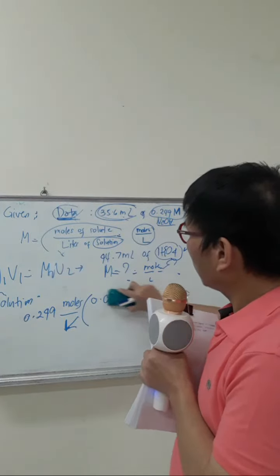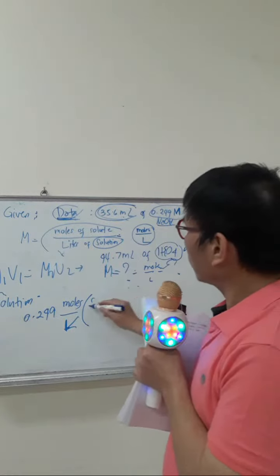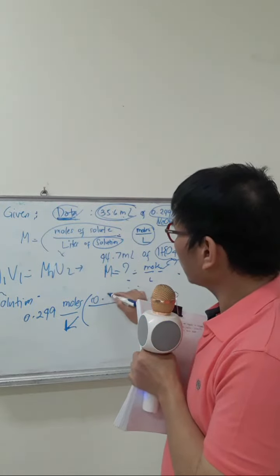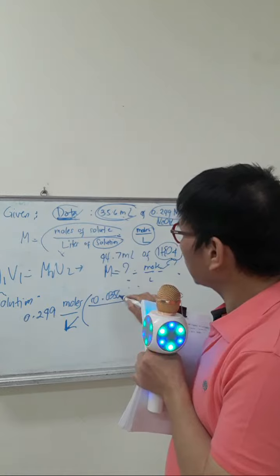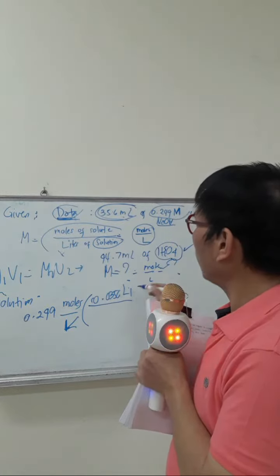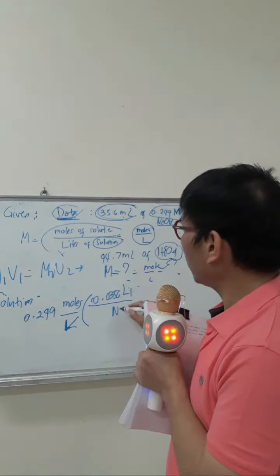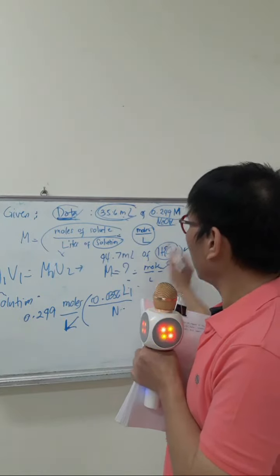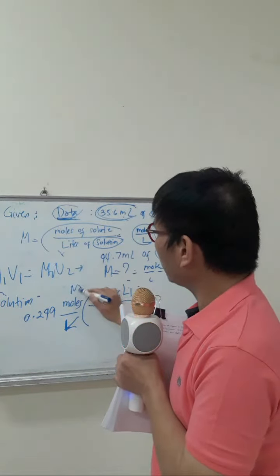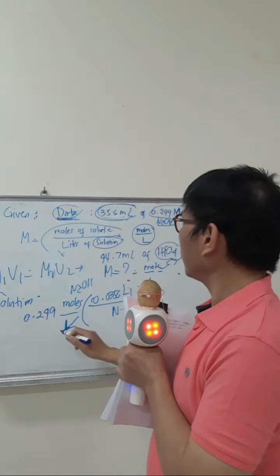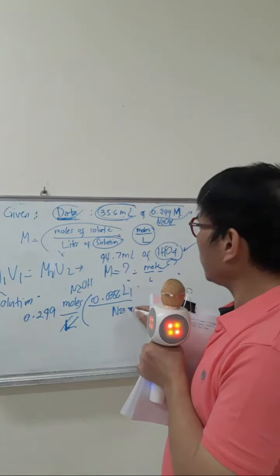Let's do this in this way. 0.0356 liter of sodium hydroxide. So, cancel, and then sodium hydroxide is here.